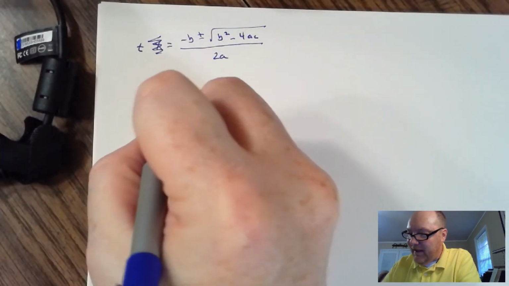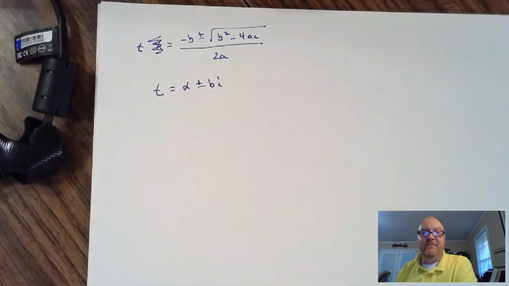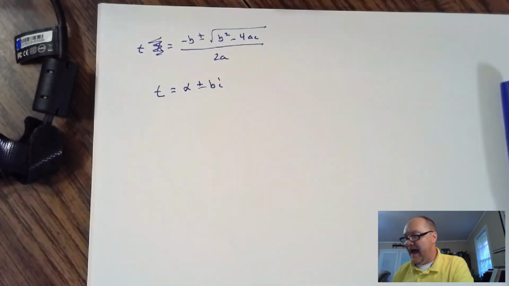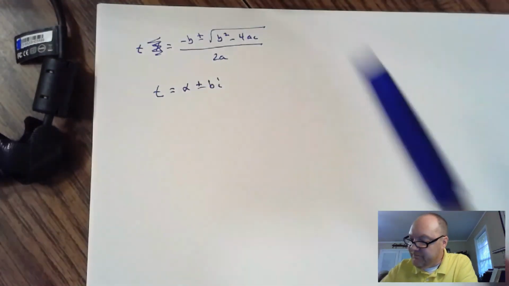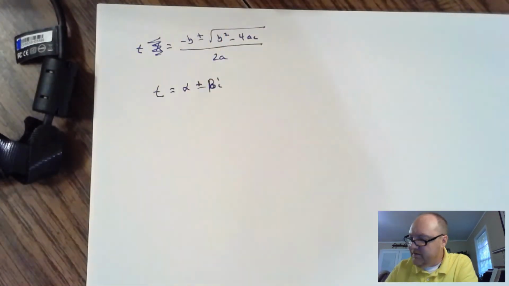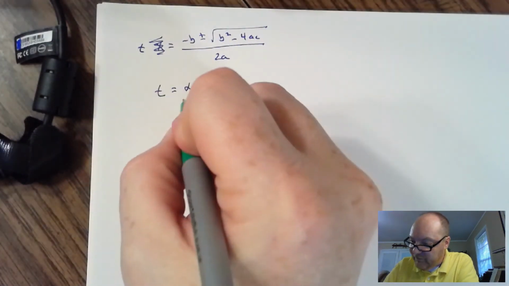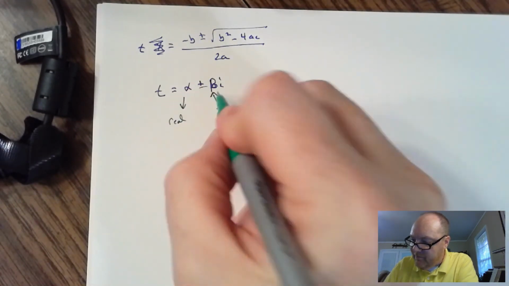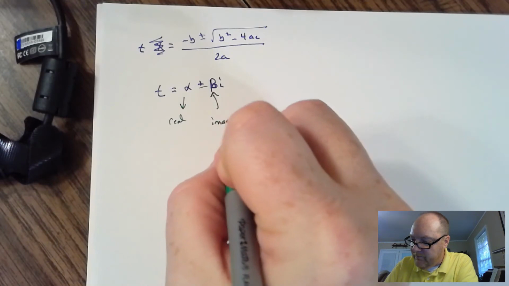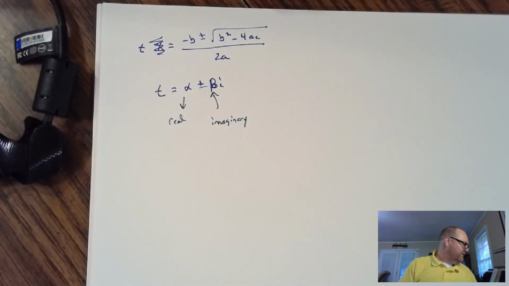But with a complex answer, I get something of this form, where alpha and beta are just numbers. Alpha is what we call the real part, and beta is what we call the imaginary part, which in the big scheme of things is neither here nor there for us.